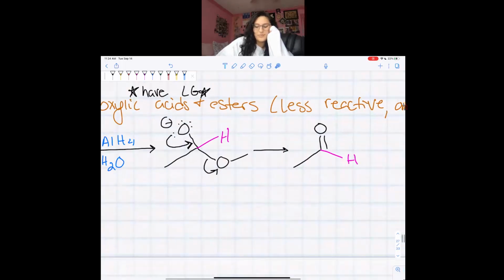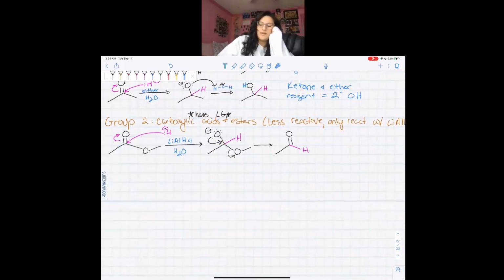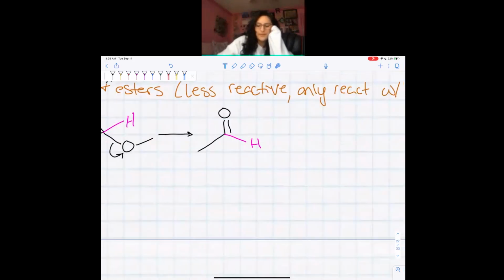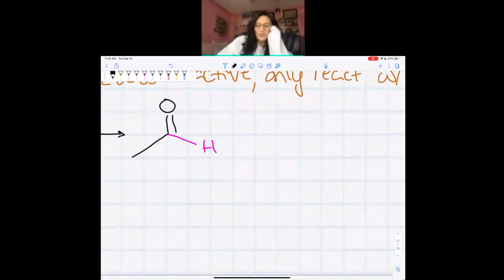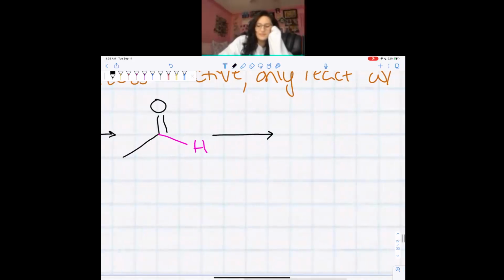All right, so at this point, we are not done, unfortunately, because an aldehyde still has a carbonyl. As long as we have a carbonyl, we're going to continue reducing. So we're going to say that there's more reducing agent left in solution. So this guy comes and attacks one more time.